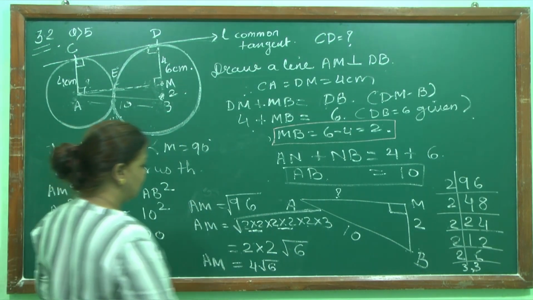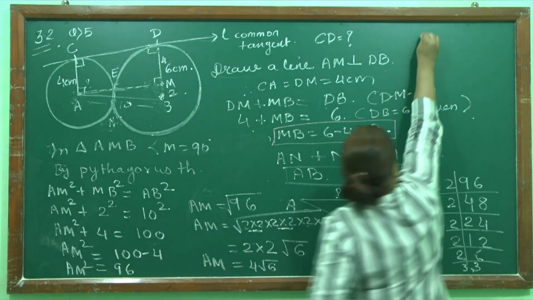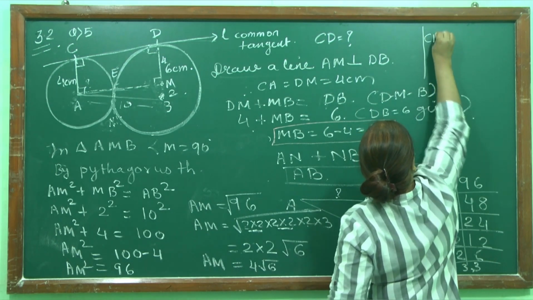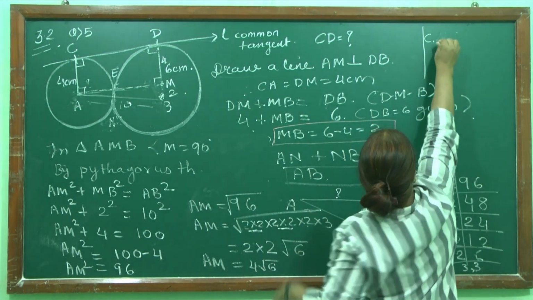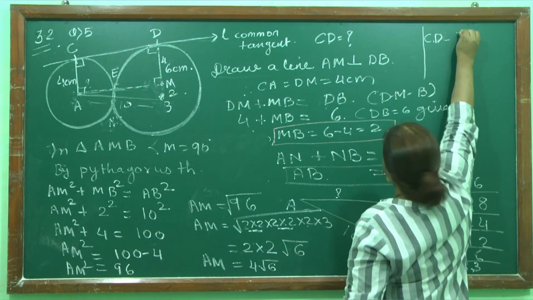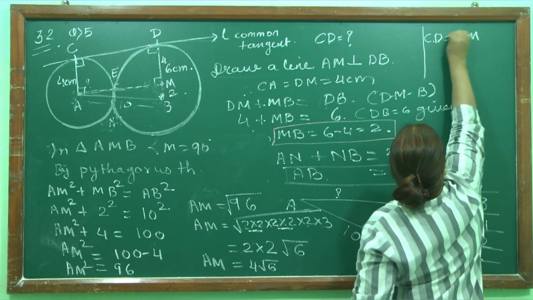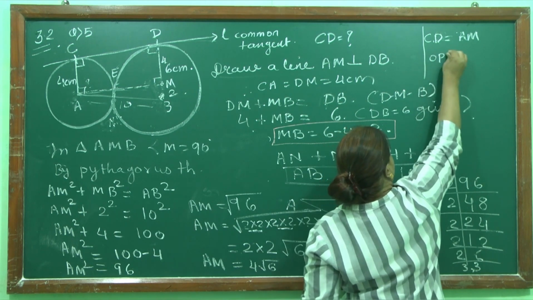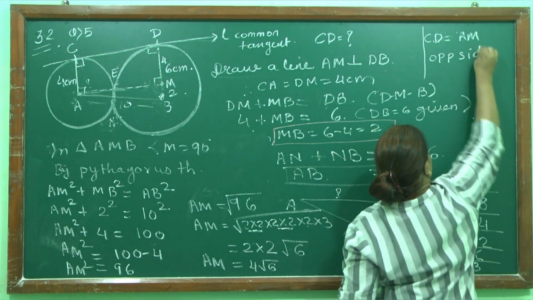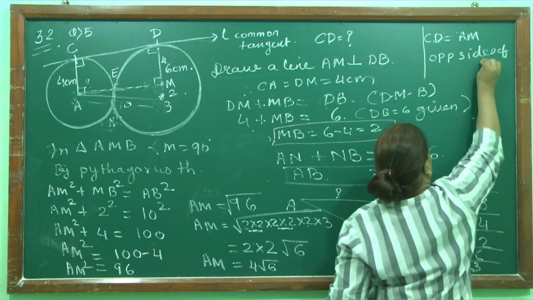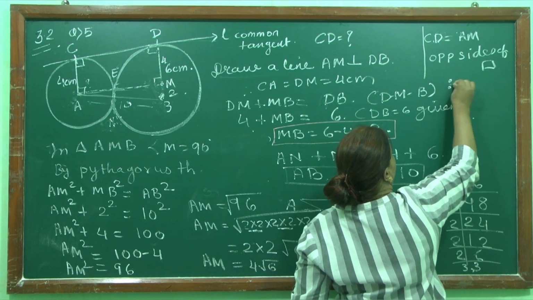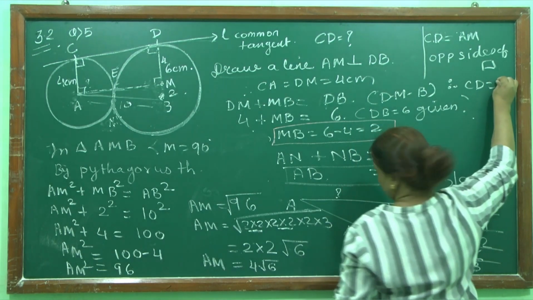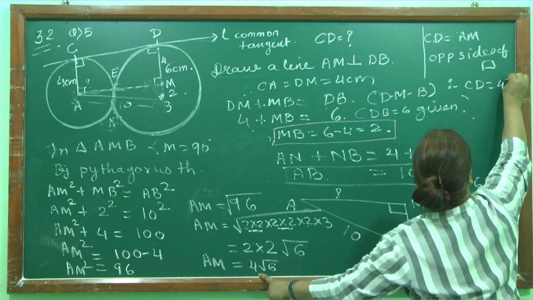So CD is equal to AM, opposite sides of rectangle, and therefore CD is equal to 4 root 6.